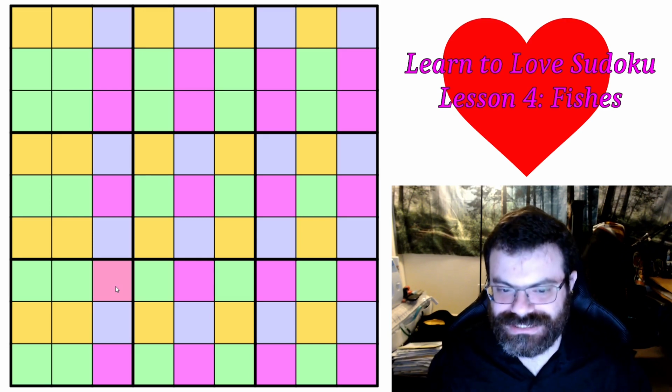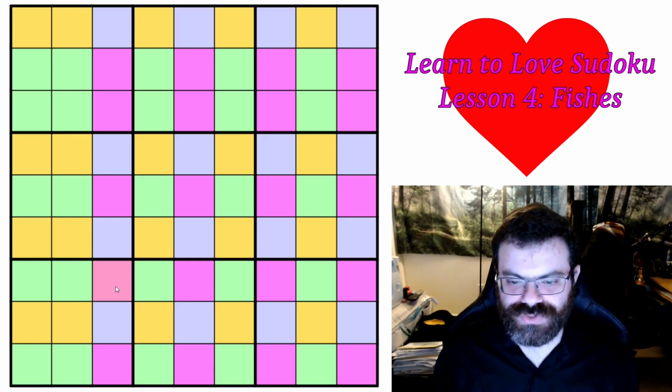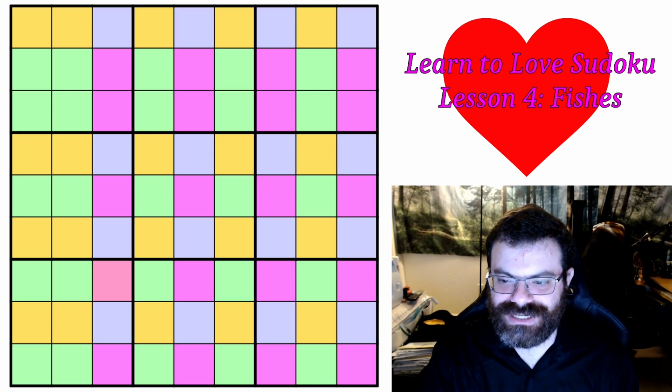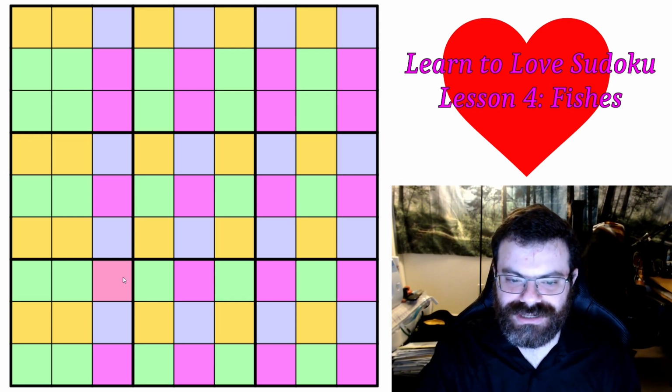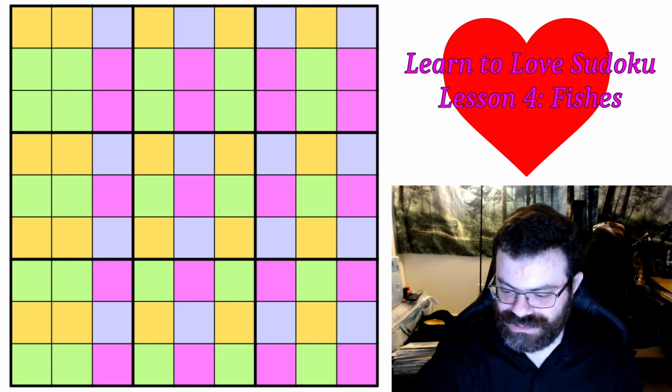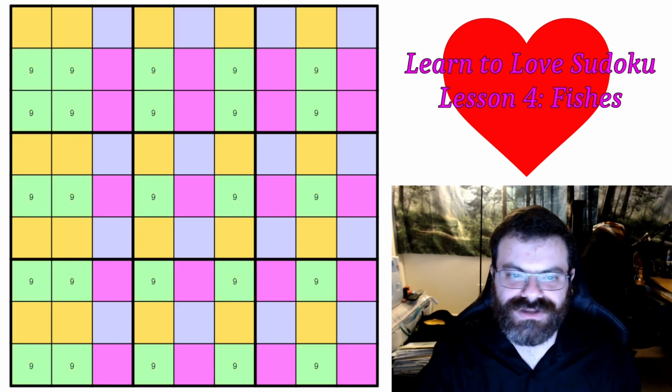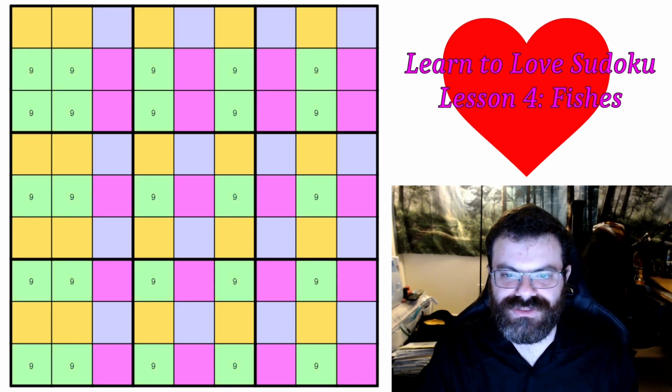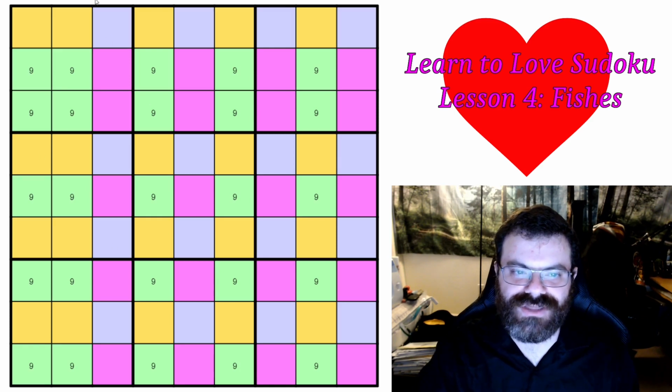Otherwise, we haven't limited that value in those rows to just the green cells, right? Let's say 9s. I'm just going to center mark 9s in all of these green cells because I hate having to be so general. So we've said 9 can only be in the green cells in these rows. In the other rows, we don't know. But in these rows, 9 can only be in the green cells.